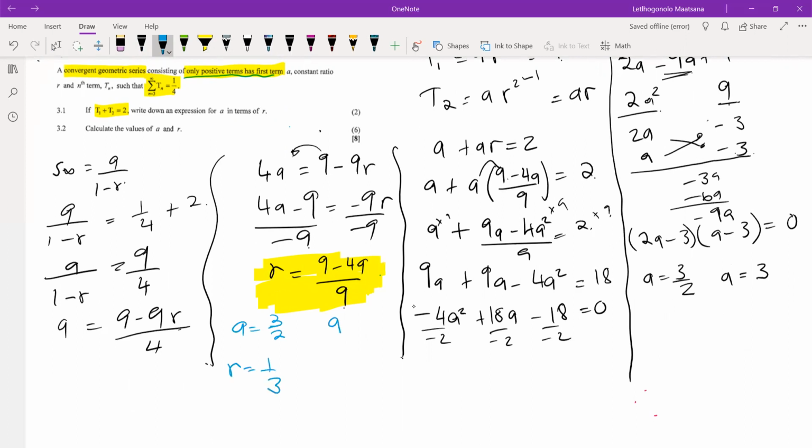And when I substitute A equal to 3, I get that R is equal to a negative 1/3. Now, again, because they told us that we only have positive terms, it means that R cannot be equal to a negative 1/3, but R is equal to 1/3.